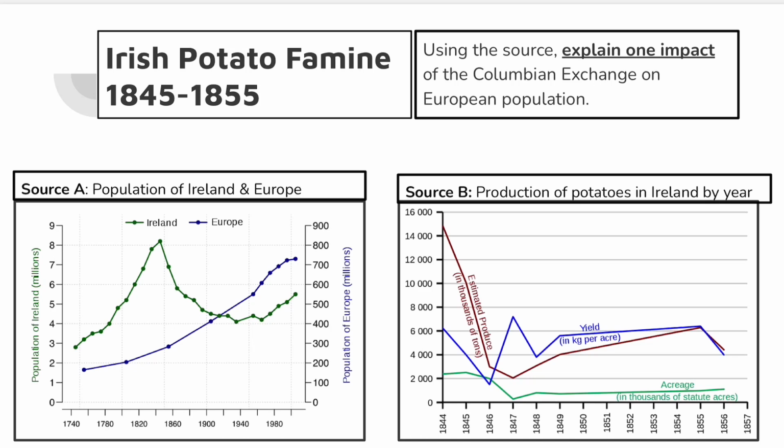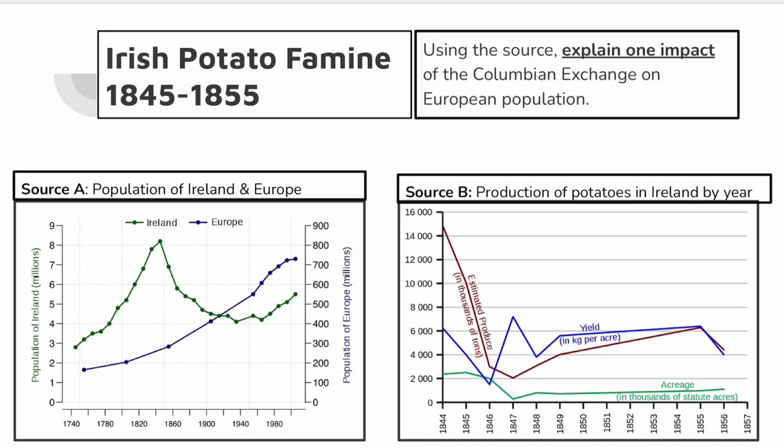So a lot of students will misinterpret these visual documents, and so they tend to try not to use them as much because it's easier for us to summarize text and understand text rather than images. But if you just calm down and just take a look at the graphs, you can figure out how to use them. Okay, so the first thing that we always do is we read the question.